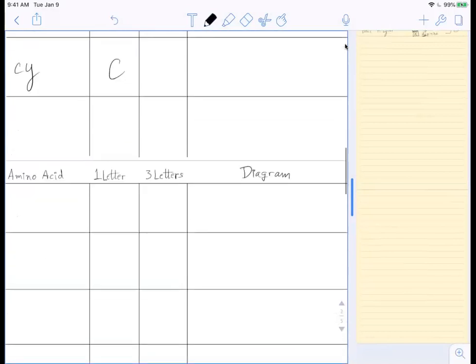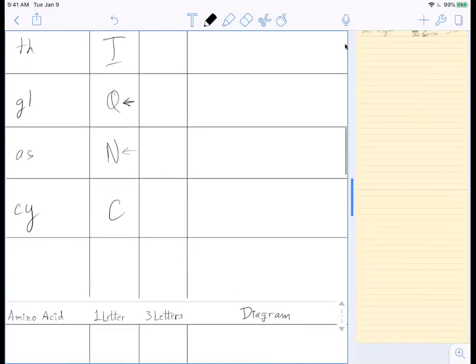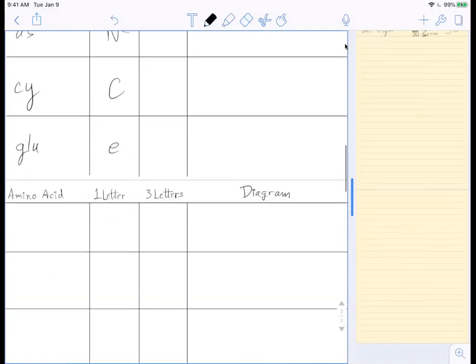Okay, what else we got? We have acids, right? And acids are just offshoots of these. So glutamic acid and aspartic acid. Let's just use our mnemonic. Glued as acid, right?